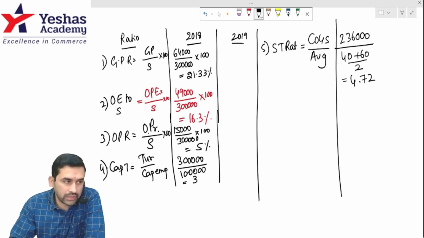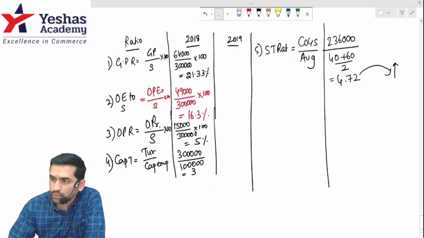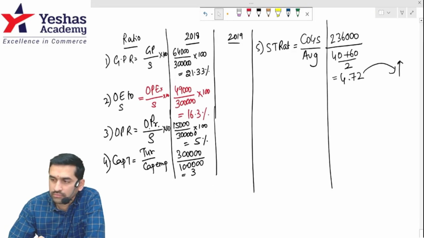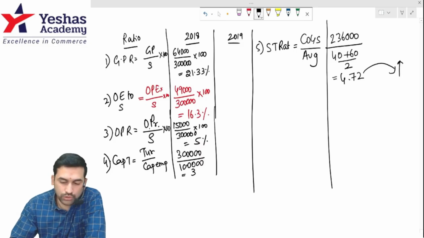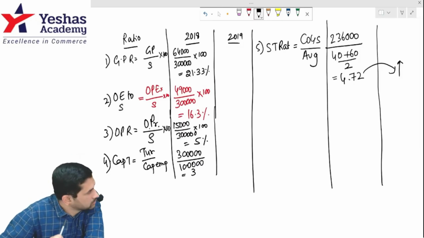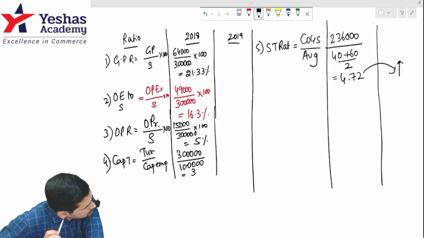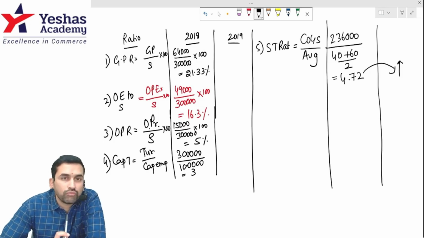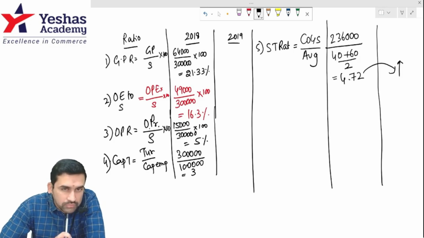Now take time and answer. If this goes up next year, is it a good thing or a bad thing? If inventory turnover ratio goes up in the next year, good thing or a bad thing? Why is it a good thing? If the number is high, that means it is moving fast.